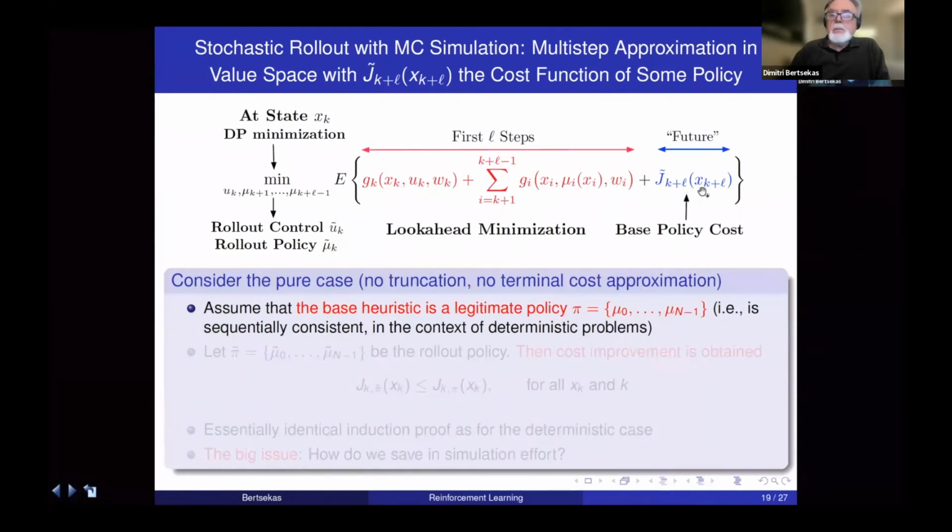So simulation is used both for the L steps and also to calculate the cost values of the base policy. And now that's a big problem. That's because this Monte Carlo simulation takes a lot of computation. Okay, so now back to the definition.